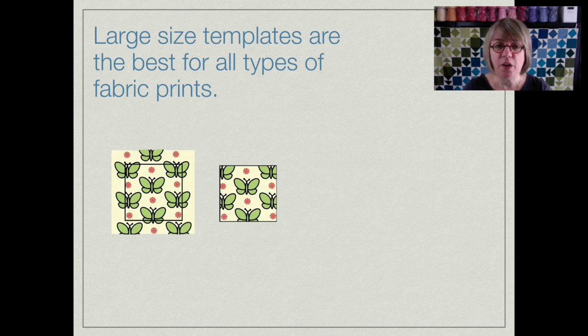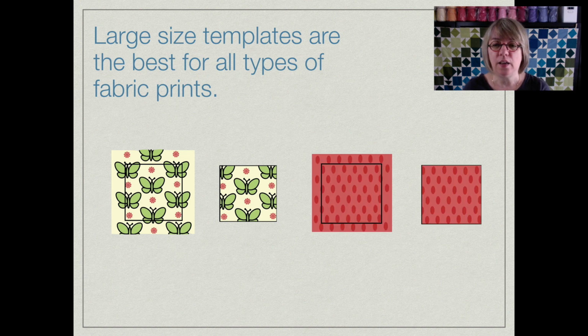Here we see the butterfly, and we will note that our main color is more of the beige coming out than the green. And here we can use whatever prints with large scale templates. They're really practical.